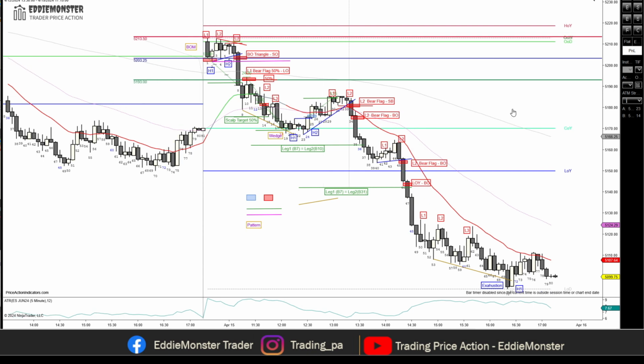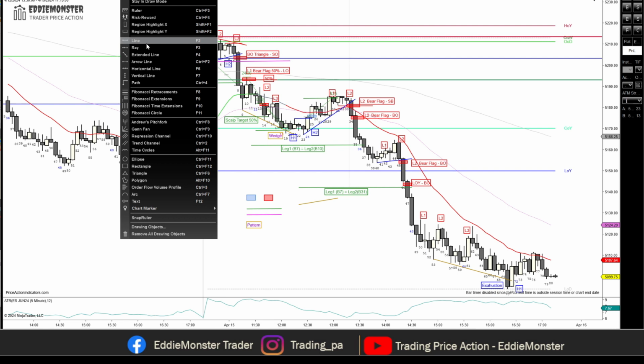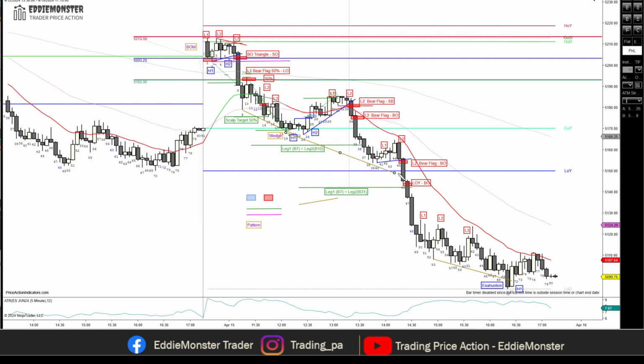Then, well, we have that one, two, and we can see here this is a channel line. So here starts a low probability event.